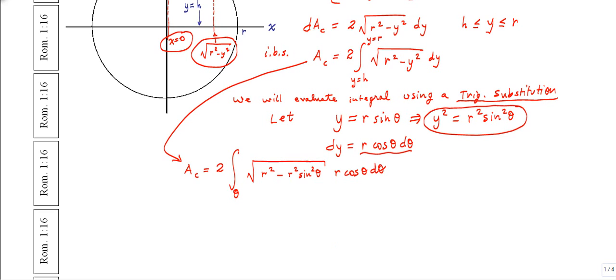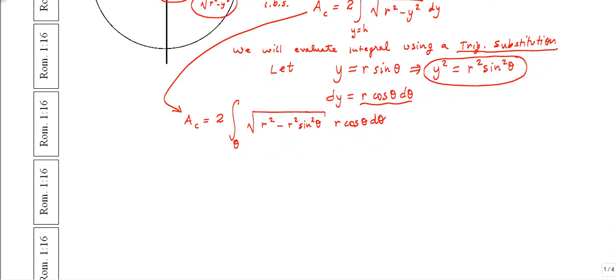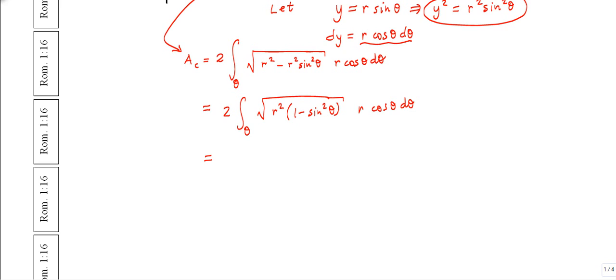Okay, now let's go ahead and factor out the common r squared there. That becomes 2 integral with respect to this variable theta of radical r squared is the common factor there, 1 minus sine squared theta, times r cos of theta d theta. And let's go another step. Radical r squared is just r.